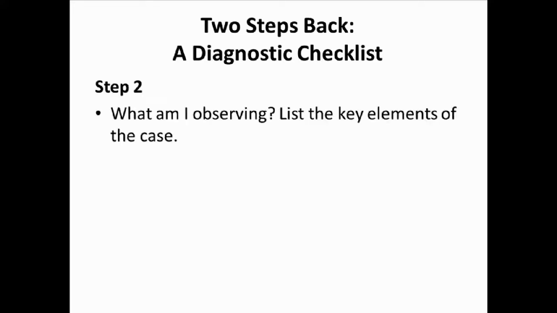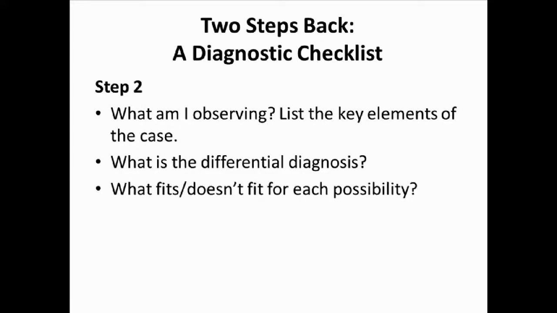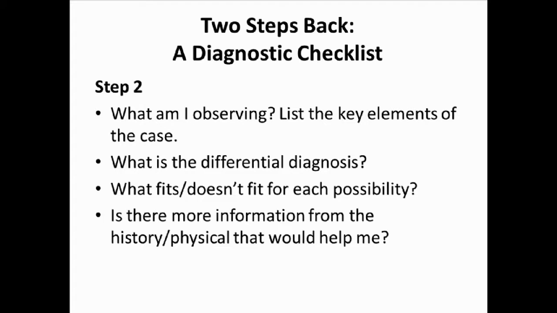Step 2 starts by asking the user to go back to the case and to pull out the key elements, including historical elements, elements from the physical exam, and also any available data. And based on those key findings, to create a differential diagnosis, to think about what fits and doesn't fit for each possibility, and then to consider whether there's more information from the history or physical that would either help to refine the diagnosis or to get more information to create new options.